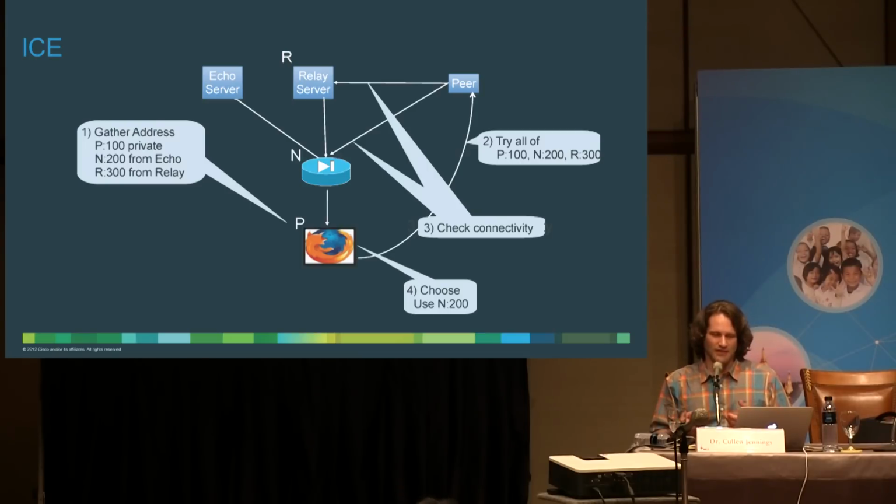So the first stage of doing ICE is you gather all of these addresses that might work for you. You get your private addresses, your NATed addresses, and your relay server addresses, and you pass them all to the other side. The other side does the same thing. It discovers all the addresses that might work, and it passes them back. So now both sides have a bunch of addresses that might work to contact the other side, and they do connectivity checks on each one.